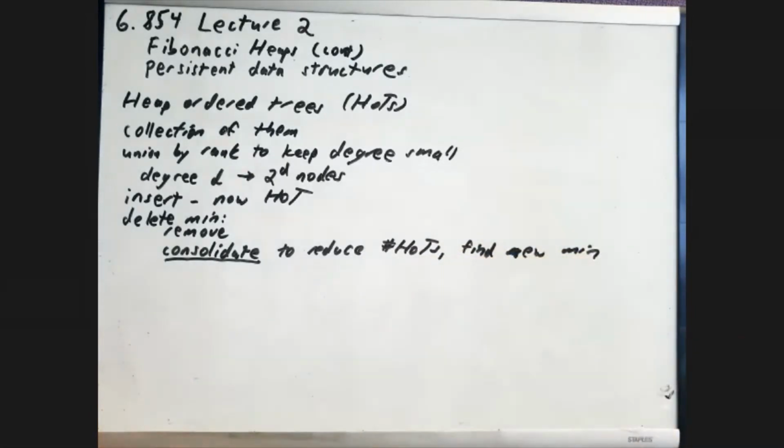And the key insight was that if you're going to have to do all of this work anyway in order to find the next minimum, let's use that work in order to simplify the data structure so that we don't have to do as much work the next time around.